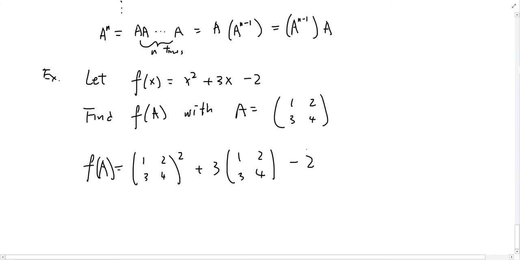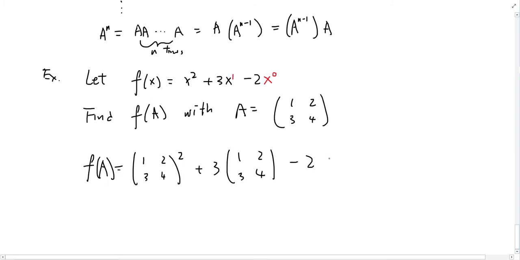The problem here is what happened to the number 2. That is not something that can combine with a matrix, because that is a scalar. So this is what you need to remember to do. In the function f, when it says x squared plus 3x minus 2, it also indicates minus 2 times x to the 0 power and 3 times x to the first power.